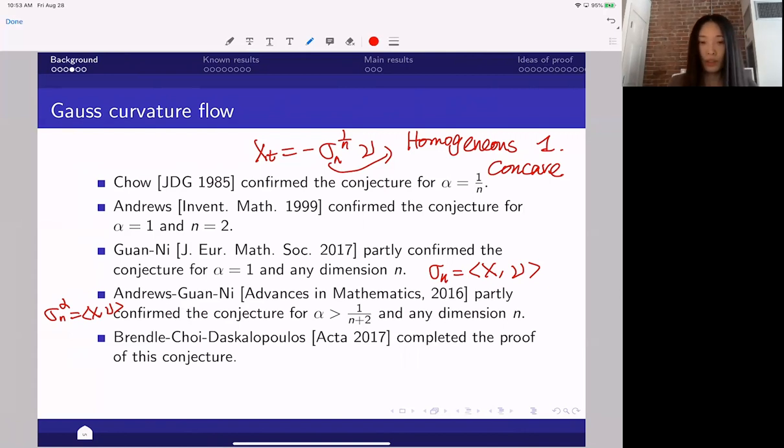In 2017, Brendle, Choi, and Daskalopoulos completed the proof of this conjecture. They proved that when alpha is greater than 1 over n plus 2, convex compact hypersurfaces satisfying this equation are all spheres. So then this conjecture is completely confirmed.